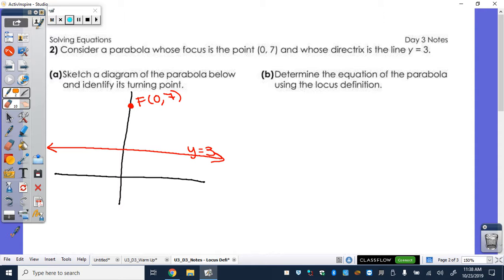And so our vertex always lines up directly underneath wherever your focus is. So that means the x value is always the same. So since the x value from my focus is 0, the x from my vertex will also be 0. But I just have to figure out what value for the y is in between a 3 and a 7. Right here at 5.